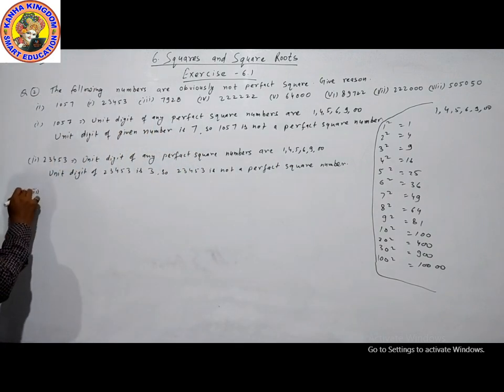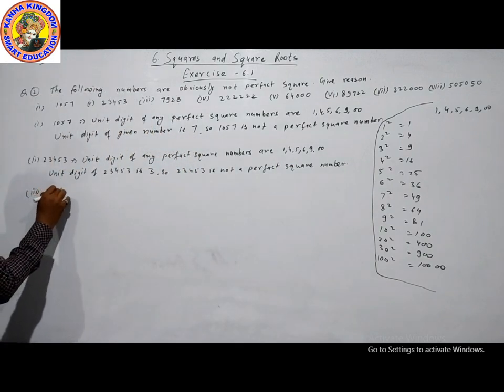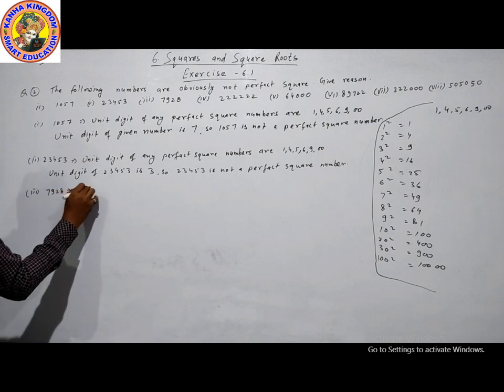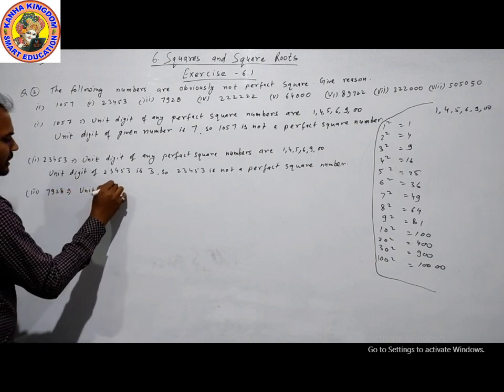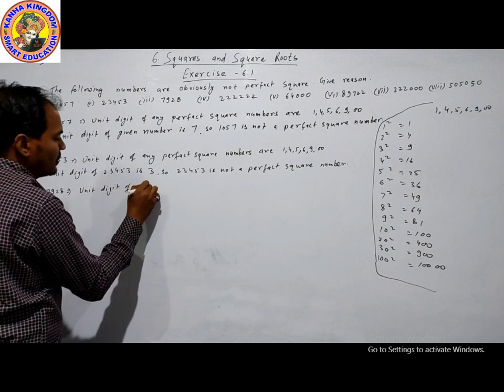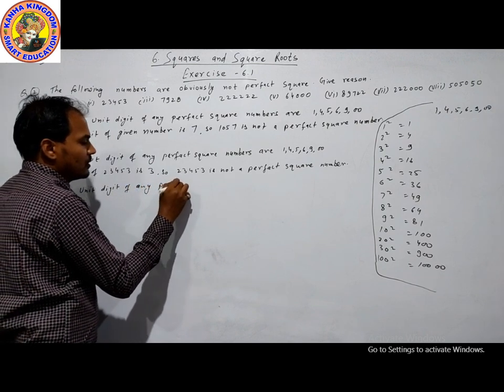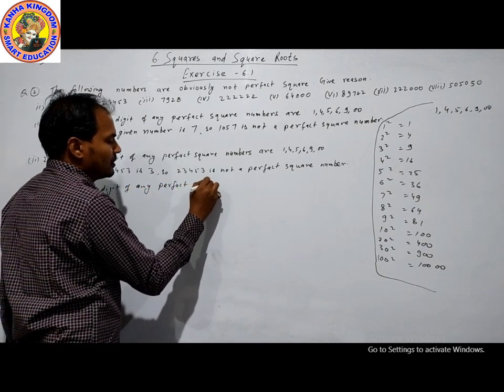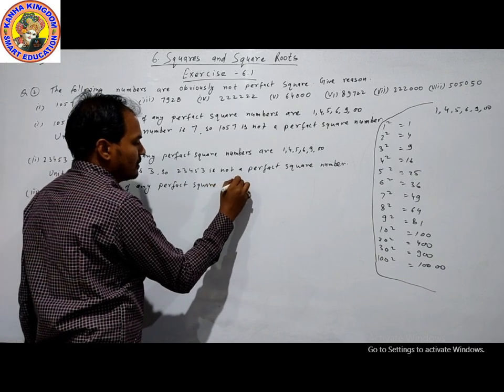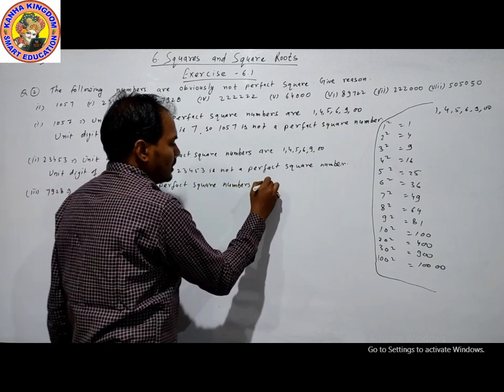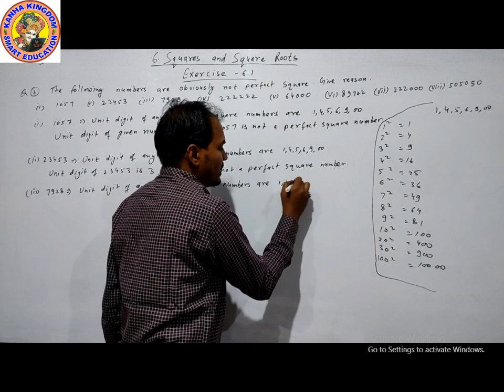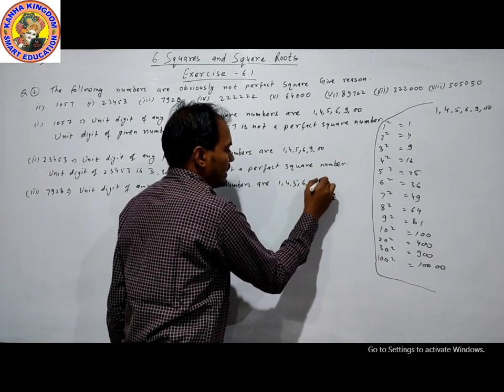The third one, 7928. Unit digit of any perfect square number are 1, 4, 5, 6, 9 and 00.